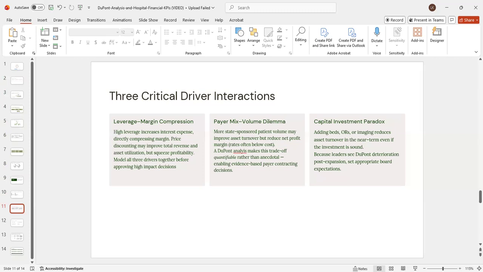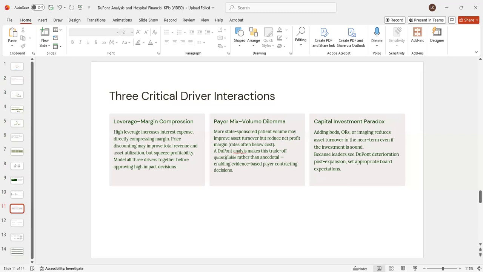And then finally, also remember what I call the capital investment paradox. Let's say you add a new building to your organization, your facility, you expand beds or purchase significant amounts of imaging equipment.